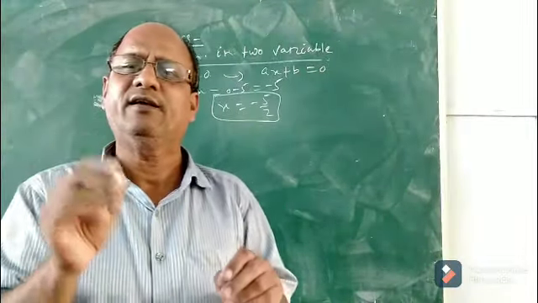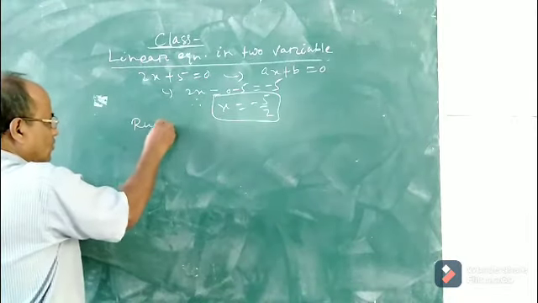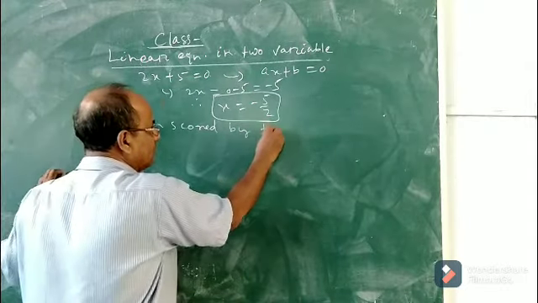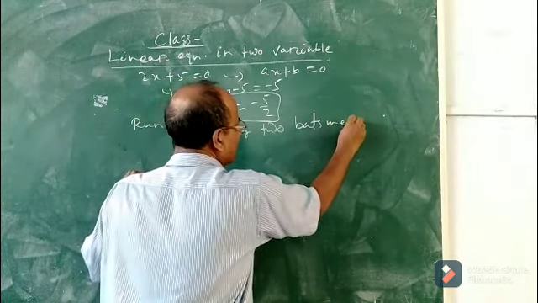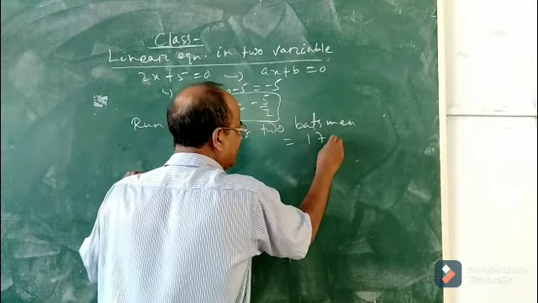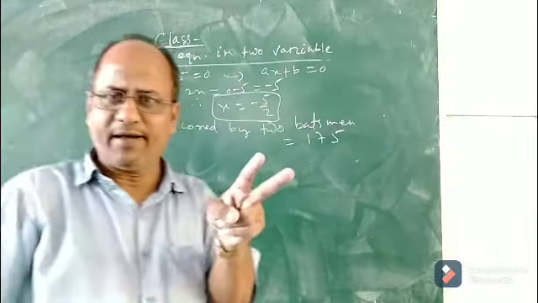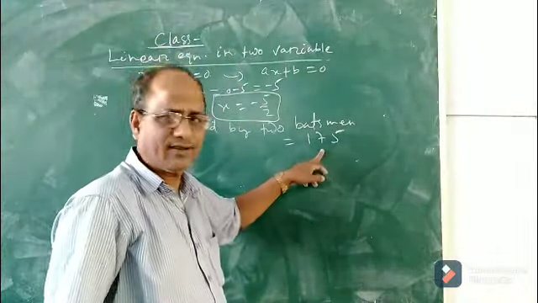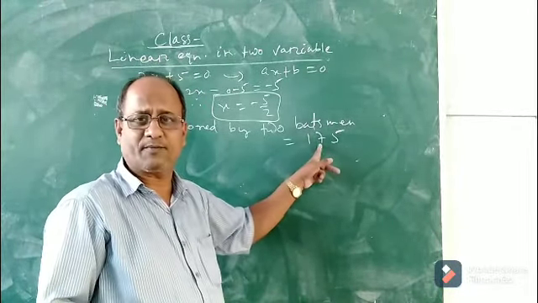Suppose you are given that the runs scored by two batsmen equal, suppose, 175. That means two batsmen scored 175 runs together.